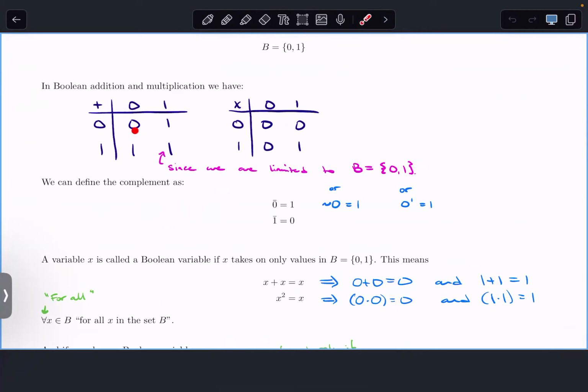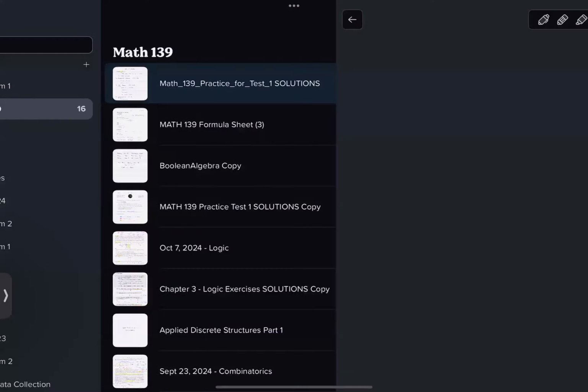Addition, 0 plus 0 is 0. 0 plus 1 is 1. 1 plus 1 is 1, and 1 plus 1 is 1. In Boolean algebra, right? In binary, addition, this would be 1, 0. That's the difference. Okay. Okay. So now I know how those behave.